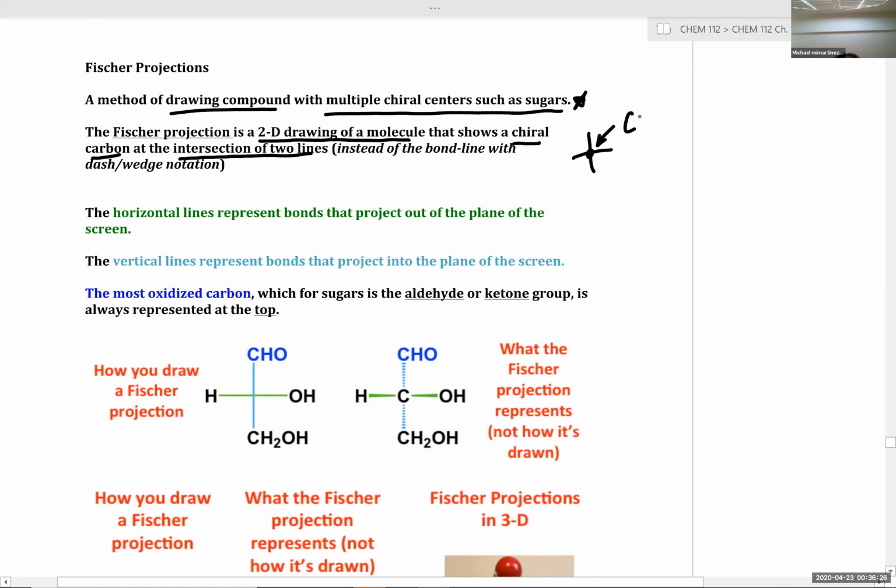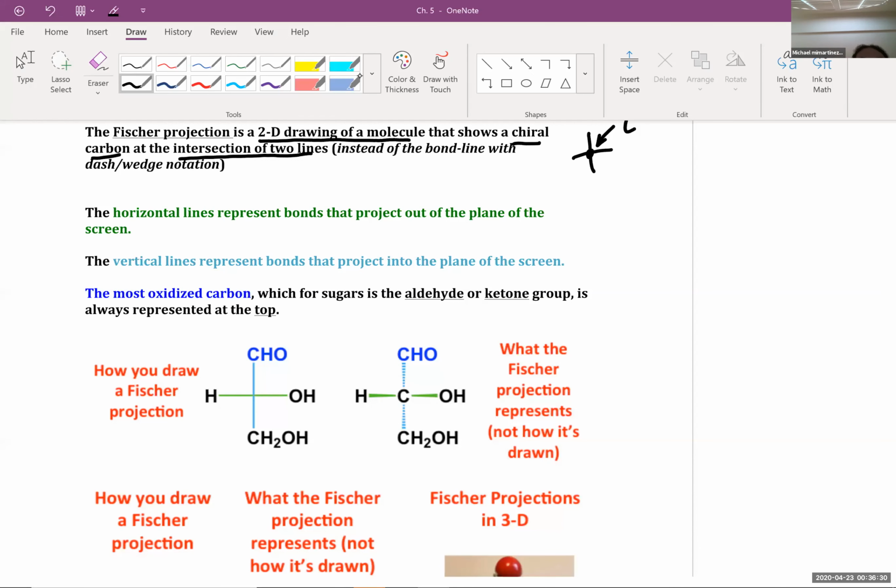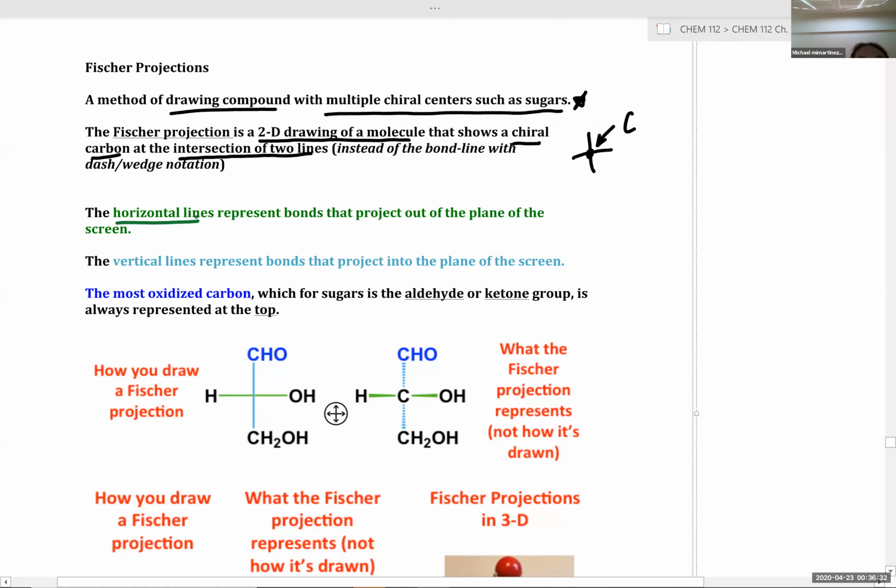Okay. Our horizontal lines represent bonds that project out of the plane of the screen, okay? Everyone notice these horizontal lines? You can think of them like wedges. They're pointing out of the plane of the page.